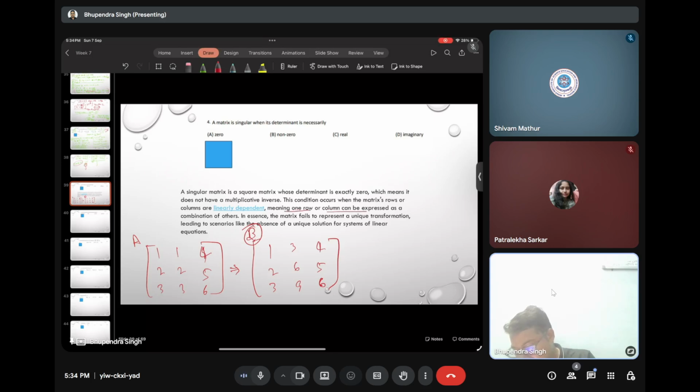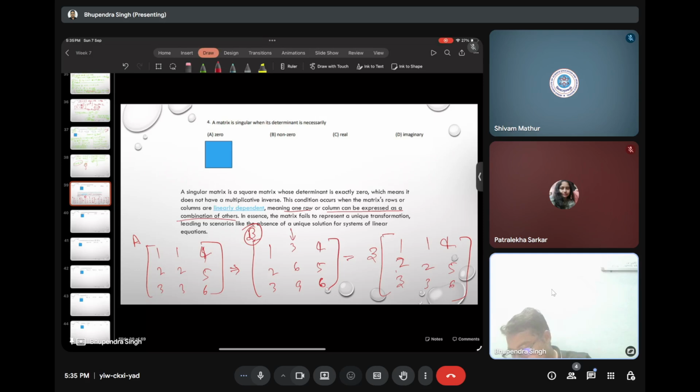Meaning one row or column can be expressed as a combination of others. So if you take out 3, or divide this column by 3, how will it look? 3 will come out, and 1, 2, 3, 1, 2, 3, 4, 5, 6.